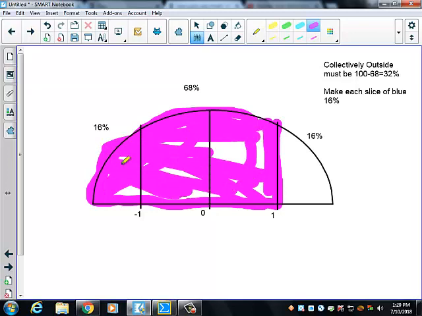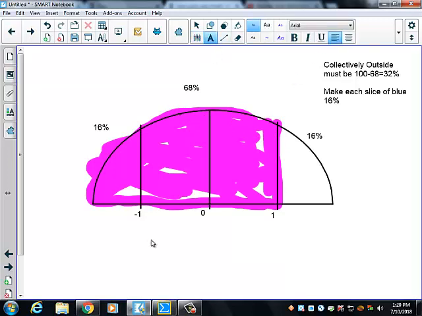If I wanted to do all of this, that total area you would think about in one of two ways. Either you would do 16 plus 68, which is this portion is 16, this portion is 68, and you would get 84 that way, or you would do 100 minus 16, which is the area that you don't want, keeping in mind that the whole thing is 100%. So either way, you would get that this area is 84% or 0.84.